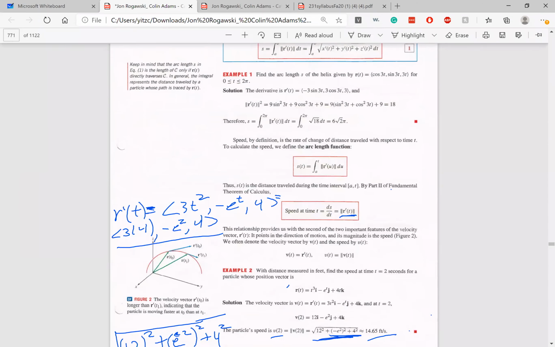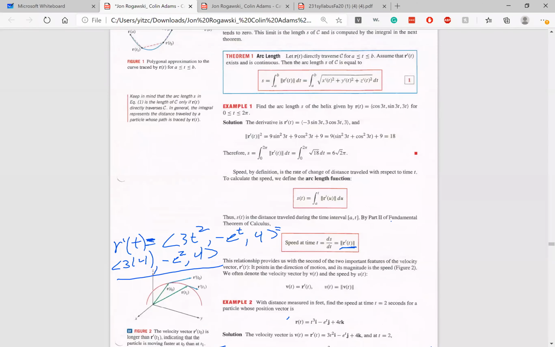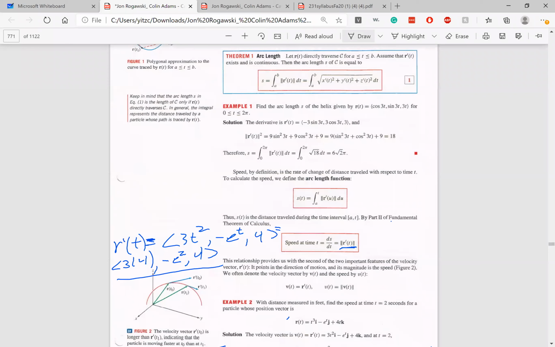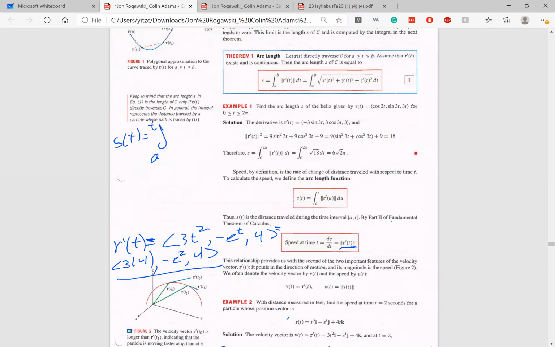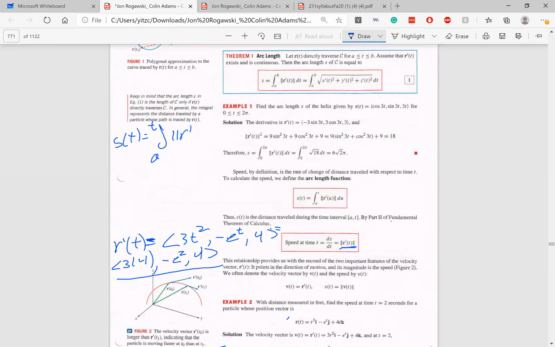Yeah, definitely you can say if you write S of t to be equal to this over here. So here S of t is equal to the integral from a to t of r prime of u du.